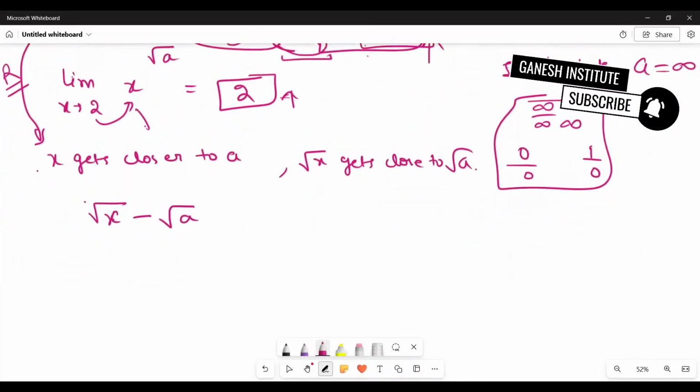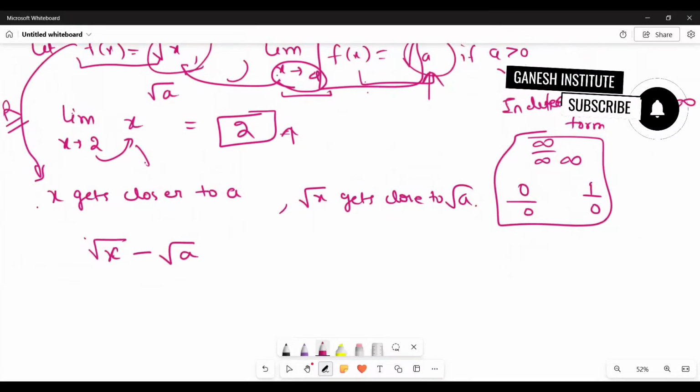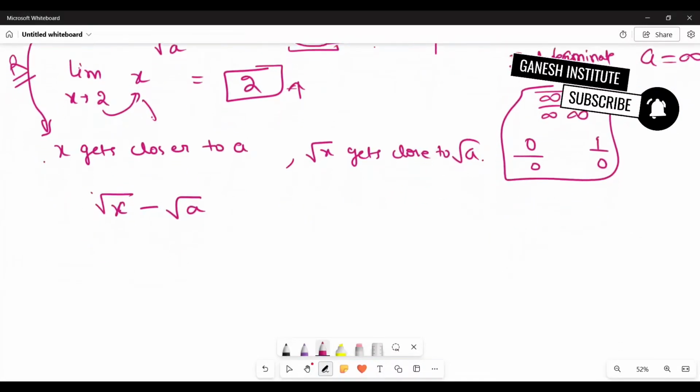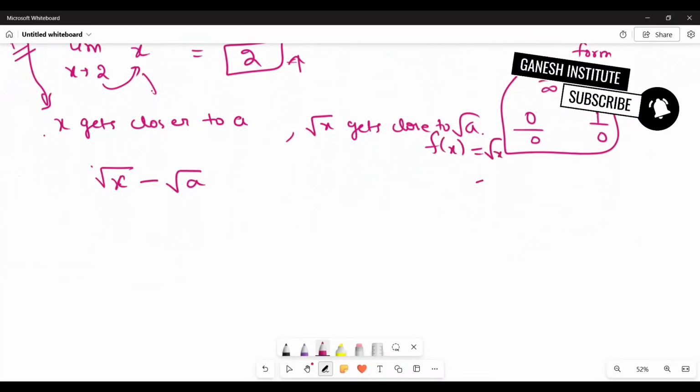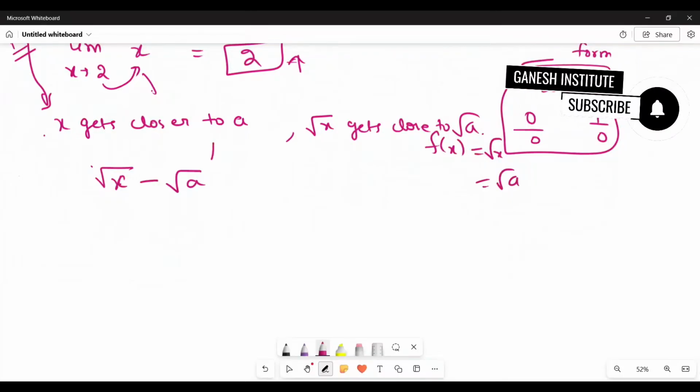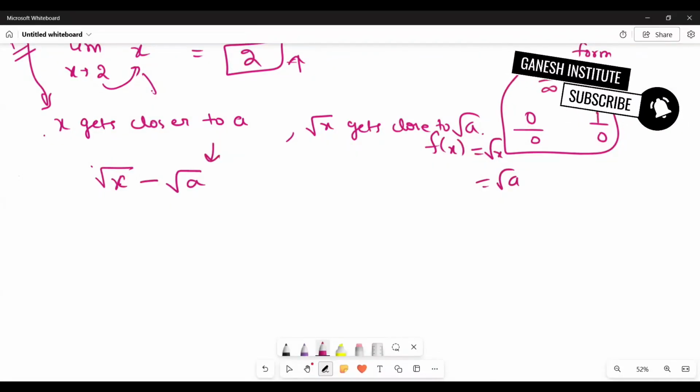So if I prove that a is lesser than infinity, a very small value, then I'd be able to prove it. So for that, I have taken both of the functions, f(x) when it is root x, and when it is root a. I'm trying to build a relation that yes, this root a is very small.